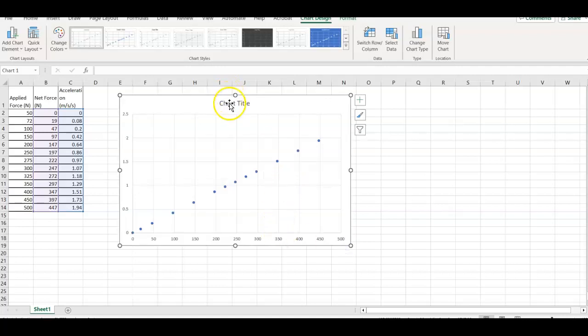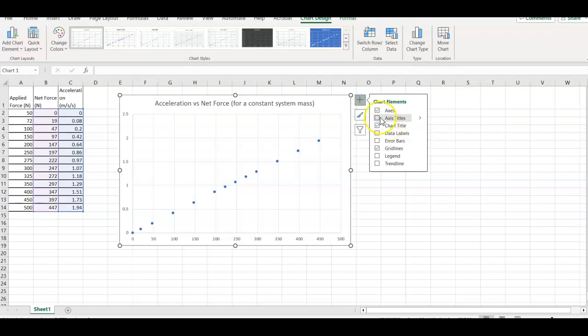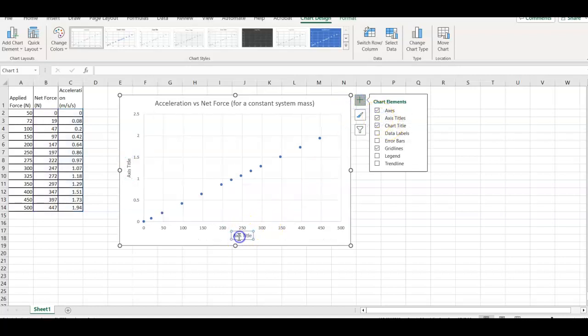Here I've got my graph of the acceleration versus net force, and this is for a constant system mass. Be sure to put your axis labels.